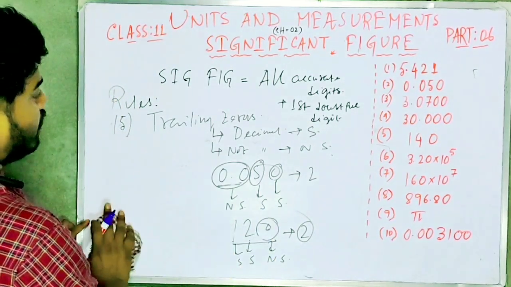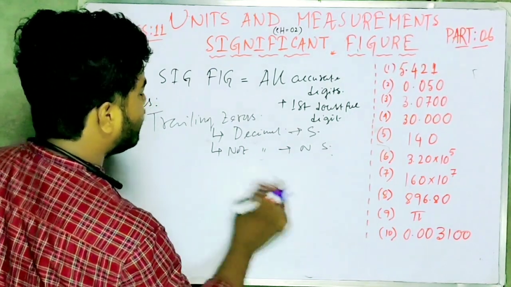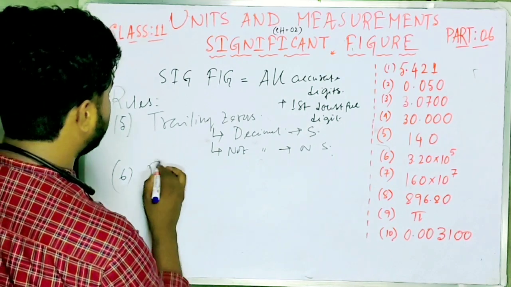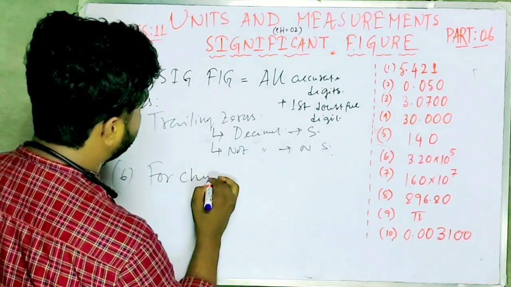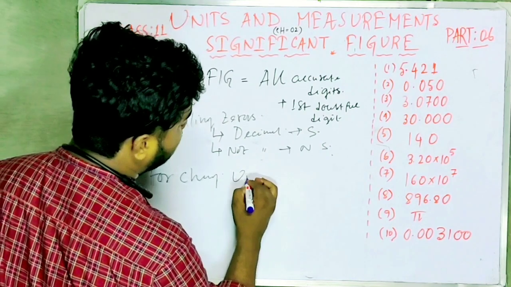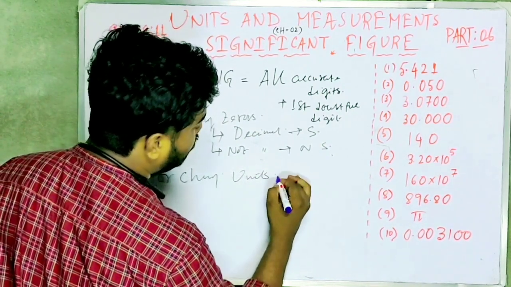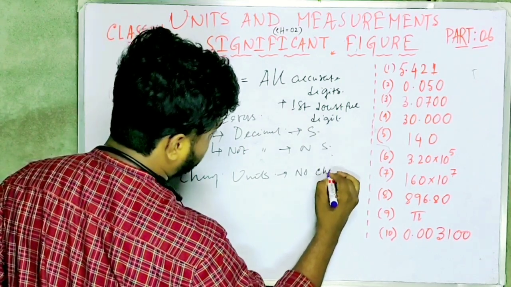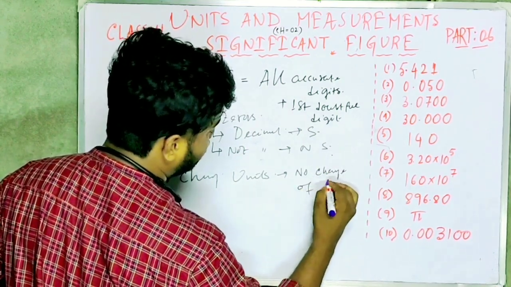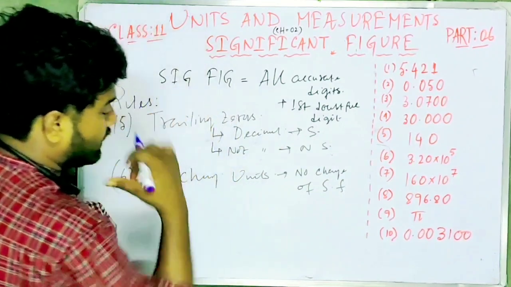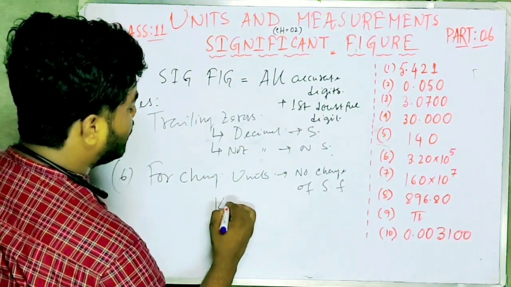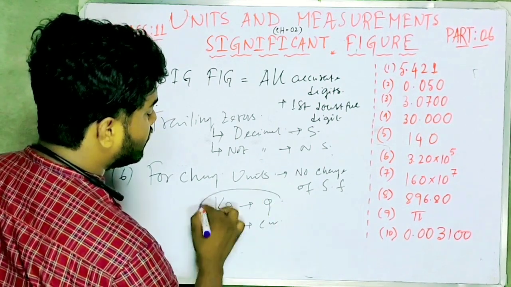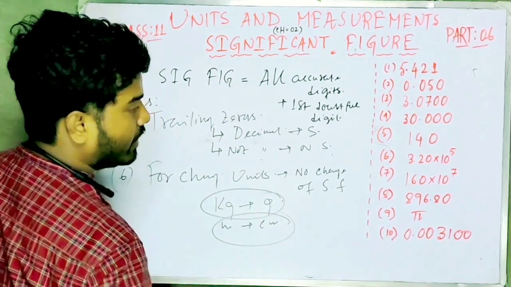Now rule number 6. Rule number 6 says that for changing units, there is no change of significant figures. For example, kg to gram, meter to centimeter, there is no change of significant figures.